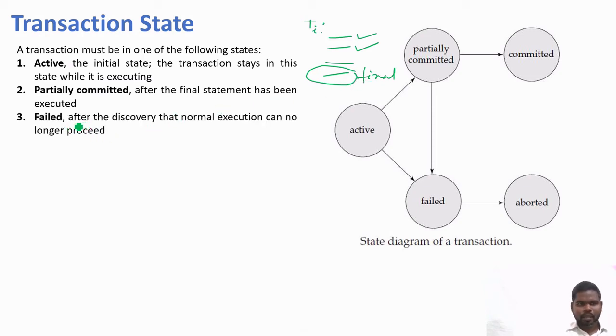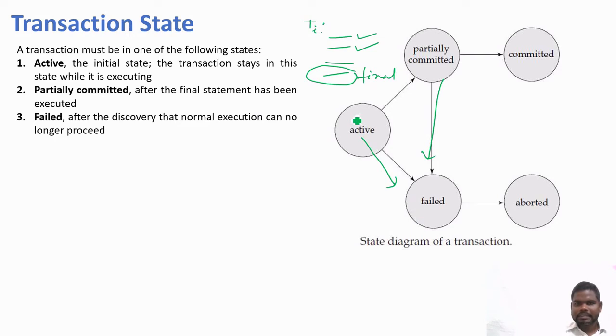Failed. After the discovery that normal execution can no longer proceed, the transaction enters into the failed state. A transaction can enter into the failed state from the active state or from the partially committed state. Okay, so the failed state occurs due to any kind of system failure.